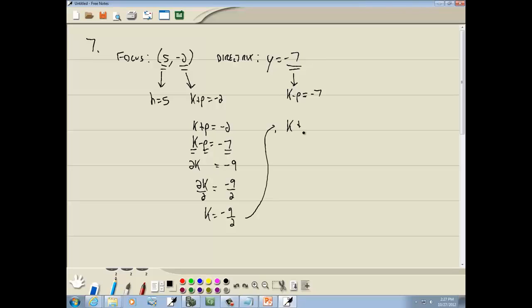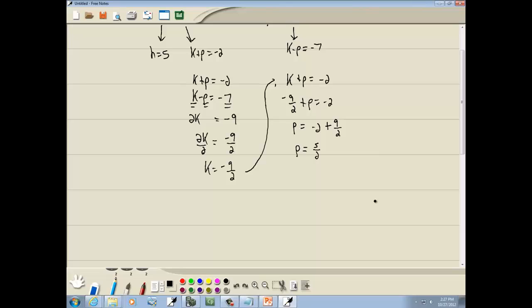Well, if k plus p is equal to -2, we just found k. We put -9/2 in for k. Plus p equals -2. Take the -9/2 to the right side and it becomes a positive 9/2. -2 plus 9/2 gives us 5/2. What I did there is -2 times 2 gives us -4, plus 9 gives us 5.